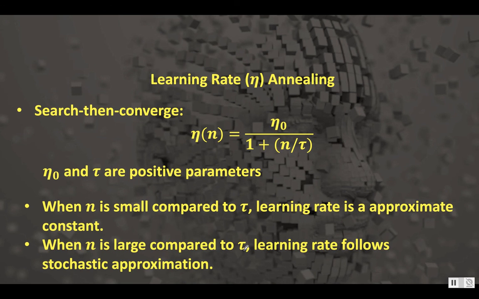The second approach is using the learning rate annealing function. We will learn this later in more detail when we write our MATLAB code. This is kind of an adjustable learning rate.